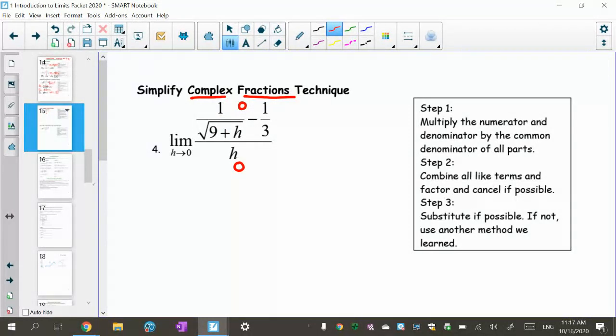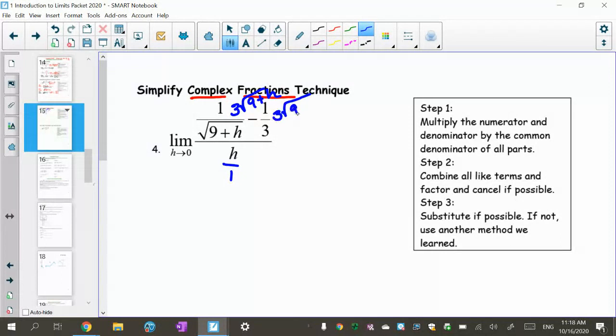And then I look at it and say, wait a minute, I know how to get rid of a complex fraction or make it look different, is I'm going to multiply everything by the common denominator of the numerator and the denominator. So I'm just going to erase this so you can see what I'm doing here. So I'm going to multiply everything, this is over 1, by 3 radical 9 plus h.